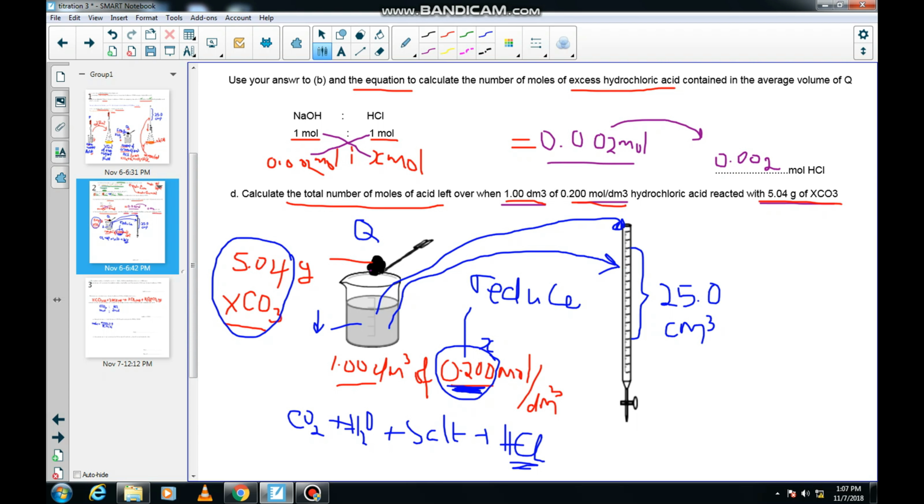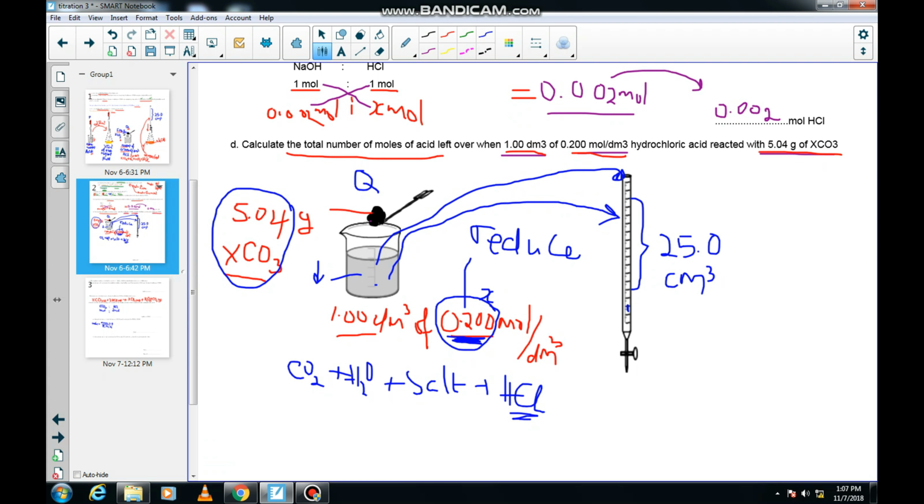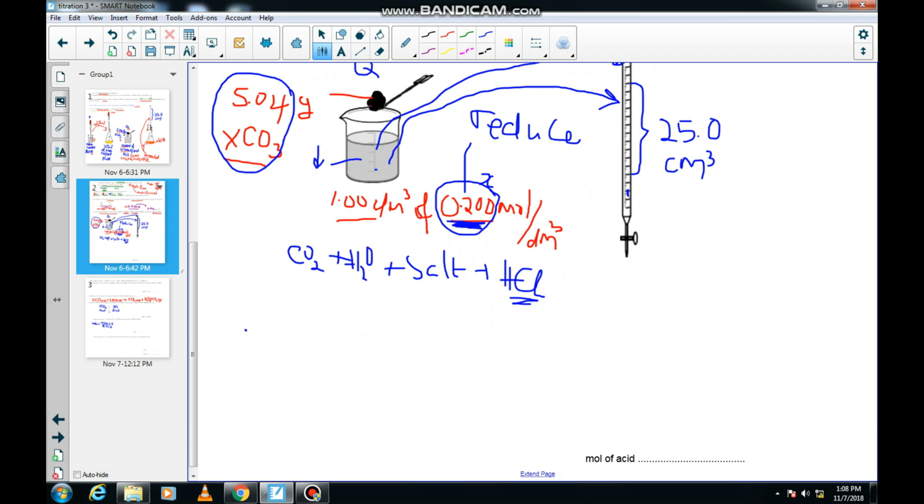So if we can know the concentration of this solution in the burette, then we can easily find the number of moles that are remaining here. So let's very quickly find the concentration of the solution in the burette. We know that concentration is equal to the number of moles divided by the volume of the solution.